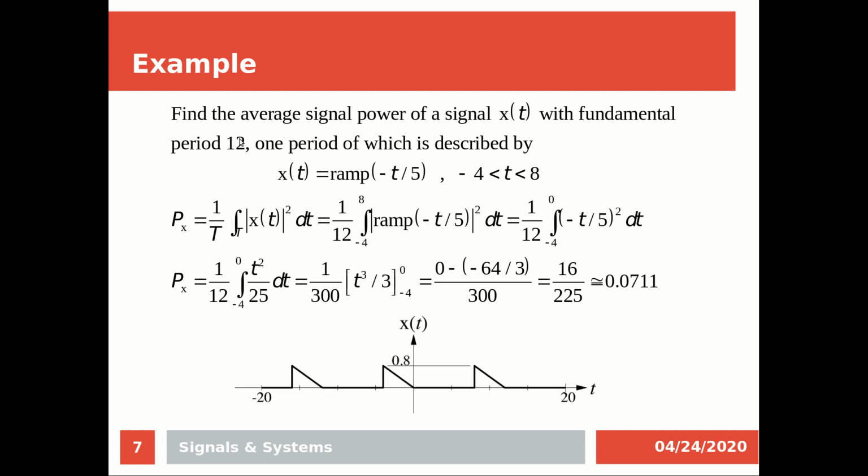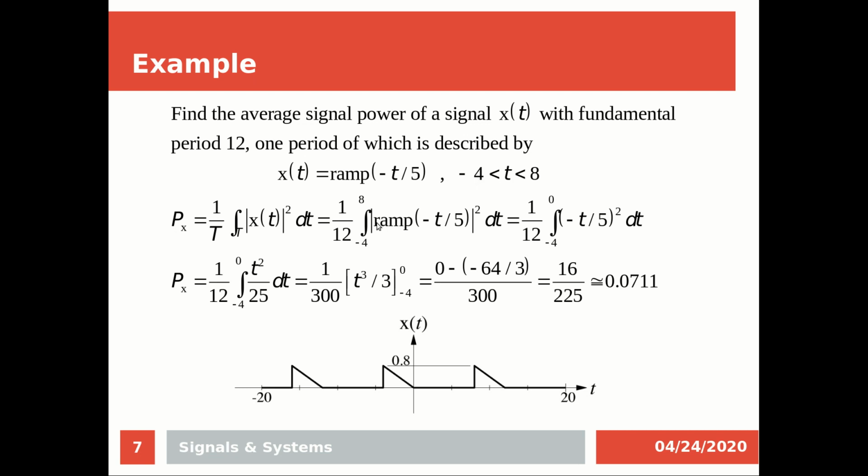Find the average power of this x of t, with a fundamental period of 12, which is described by a ramp. If you know the ramp, it is the signal of t, and it goes up. You will take it from -4 to 8, not from infinity to infinity.